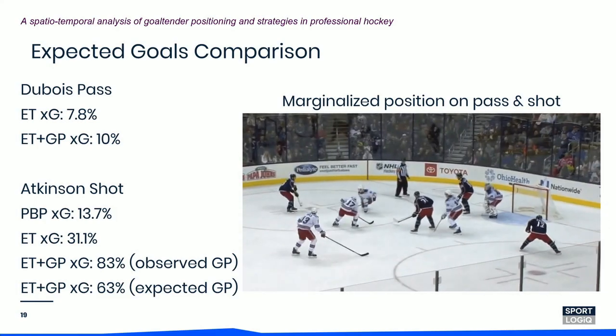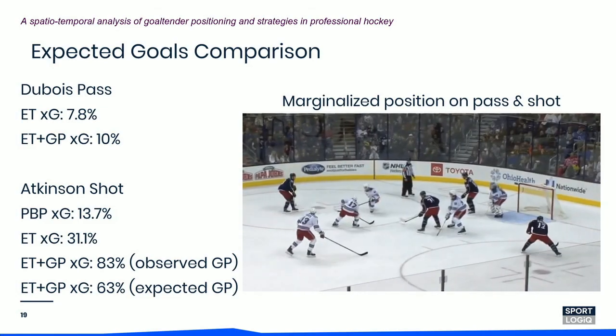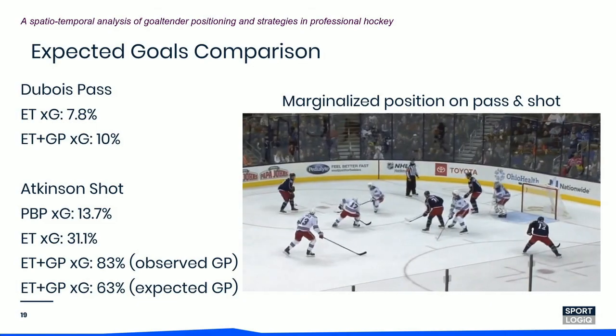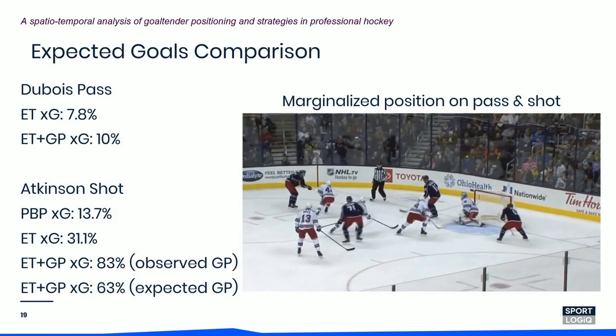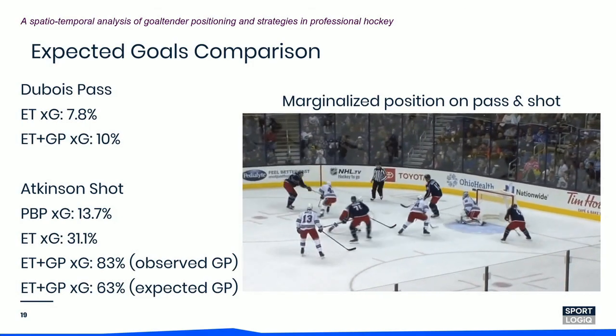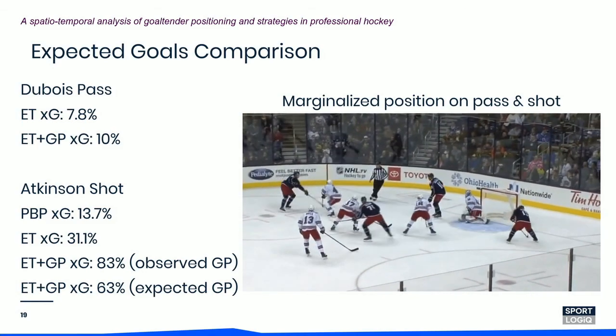Before the pass is made, Georgiev here is in his butterfly on the goal line, which is not ideal. And by the time the pass makes it over to Atkinson, my play-by-play expected goal model has it at about 14%. The tracking expected goal model has it at 31%.